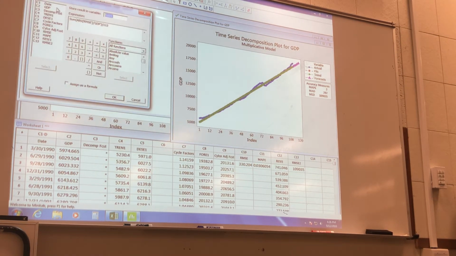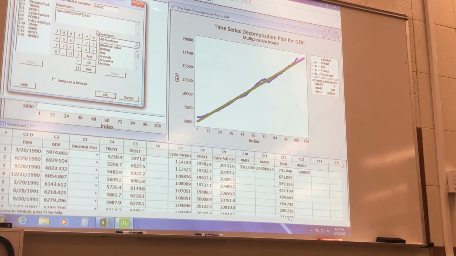Here's the formula. MAPE is equal to the sum of the absolute value, ABS, that's this first function, of the residuals, that shouldn't be RMSE, it should be residuals, divided by the original data series, GDP.